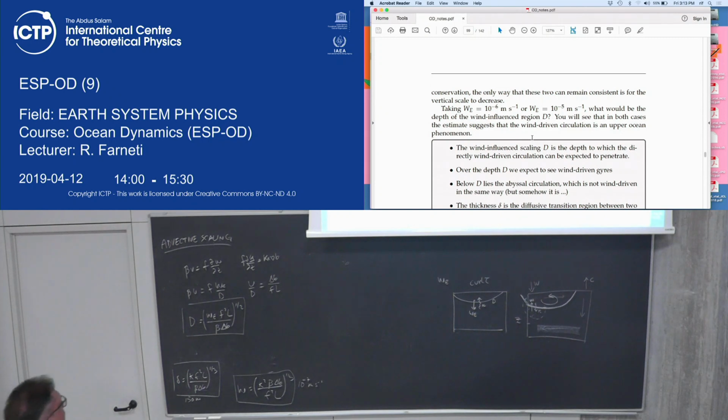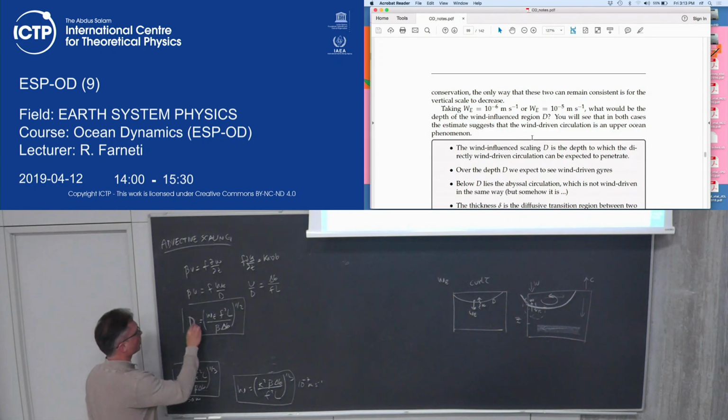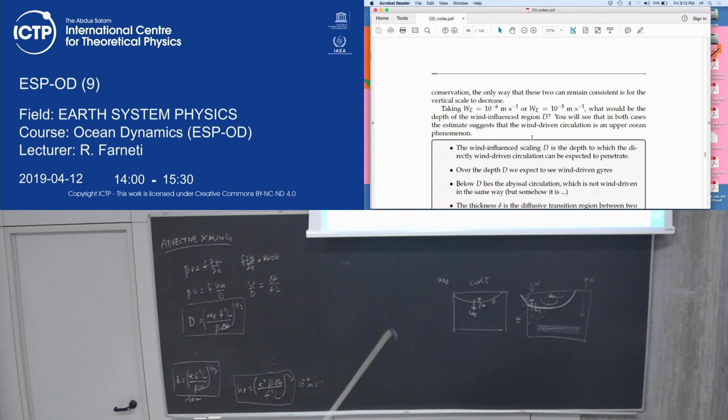Okay, so now this is my D, my advective scale, and if you put some realistic numbers, if you put some realistic number for the Ekman pumping, something like 10 to the minus 6 or 10 to the minus 5, what would be the depth of the wind influence region D?